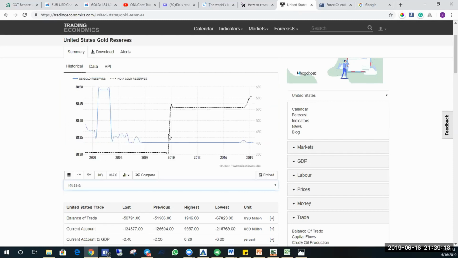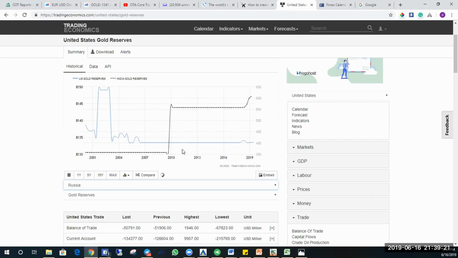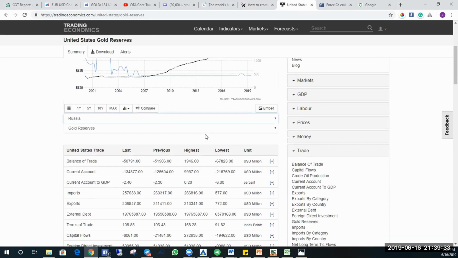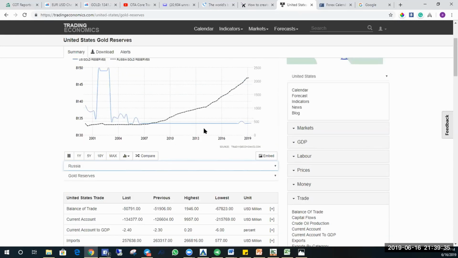Russia too has significantly been building up their gold reserve. The US has remained flat, somewhere around here. So, I don't know what to make of that information.